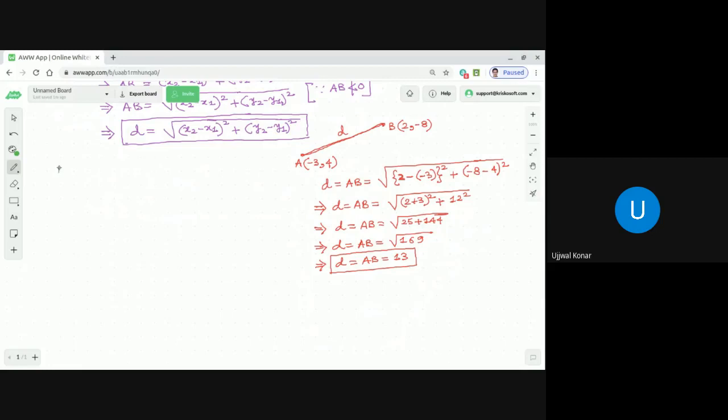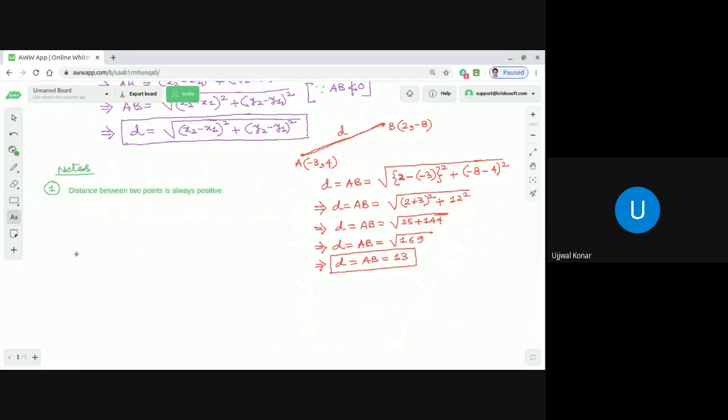So the first note, what I can say is that the distance between 2 points is always positive. Got it?